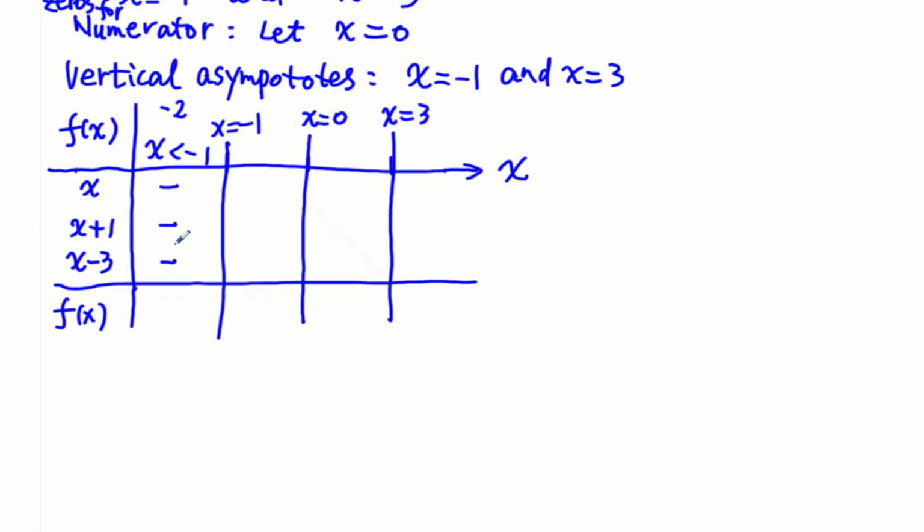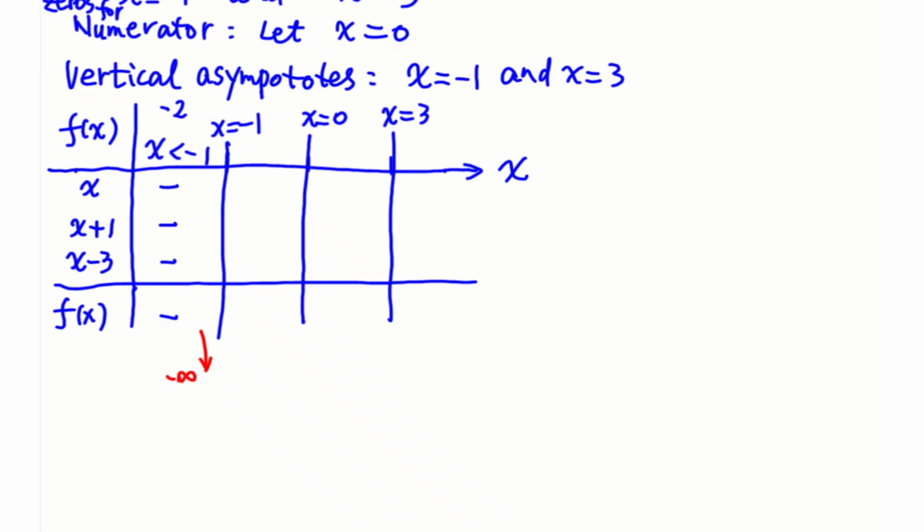So with these 3 numbers, if they are all negative, it gives you negative. Then we know that this is an asymptote, so it will be infinite. So here it will go to negative infinity as it approaches the vertical asymptote x equals -1.